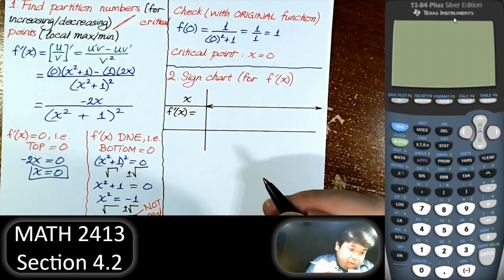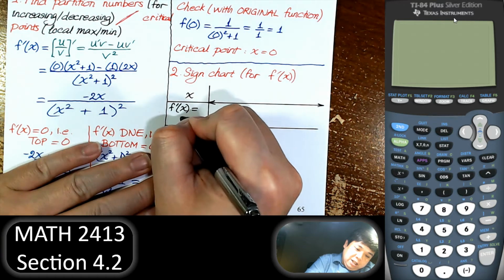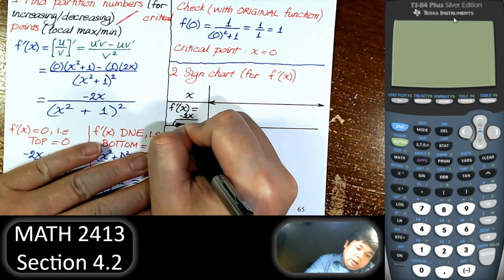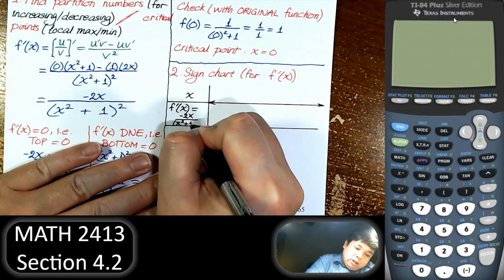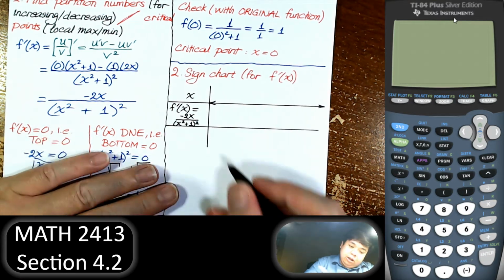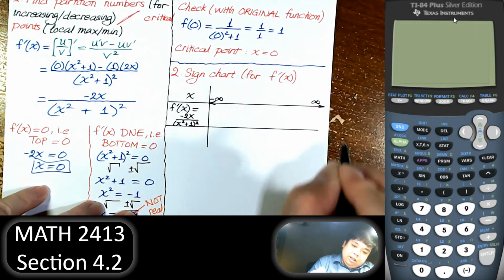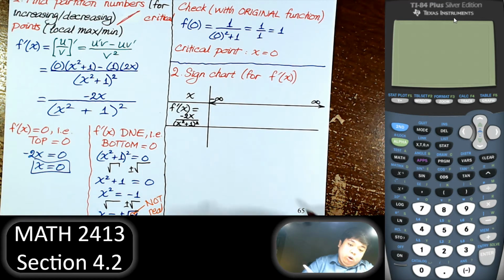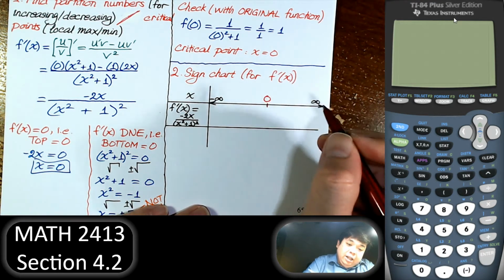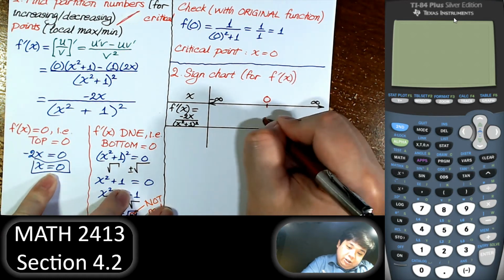So the derivative is negative 2x over x squared plus 1, squared, right? We do have the whole number line here. The partition number or critical point is just 0, and when x equals 0, the derivative equals 0.